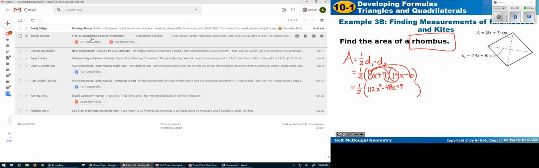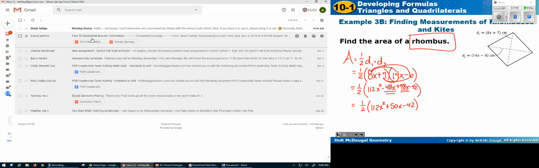So plus 98x, and then distribute the 7 times negative 6. And we get minus 42. Is everybody following that okay? Go ahead and combine your like terms. What's negative 48 plus 98? So we have 112x squared plus 50x minus 42.